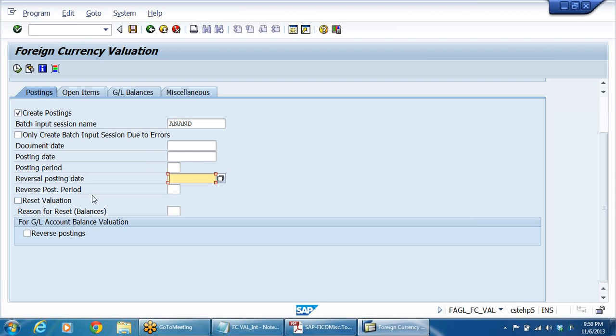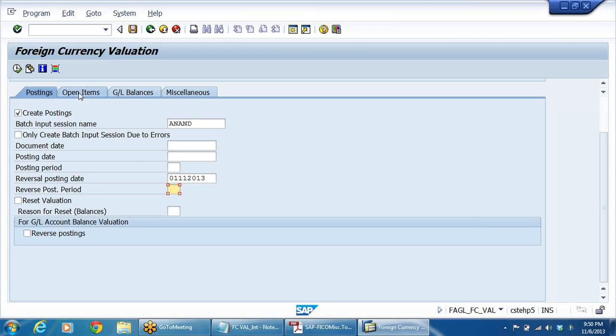Reset valuation GL account. Okay, anyhow, the reversal date I am giving on 01/11/2013. Okay, reversal date I am giving. Reversal posting period the system will take.